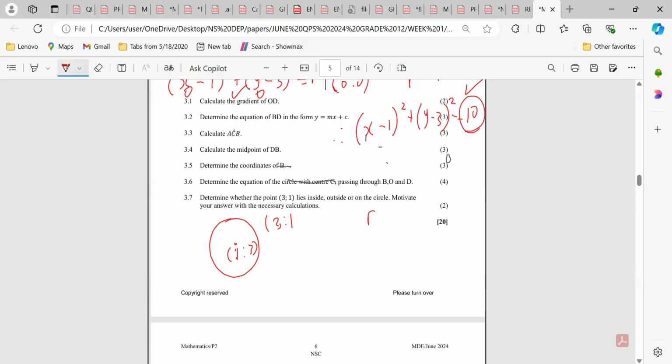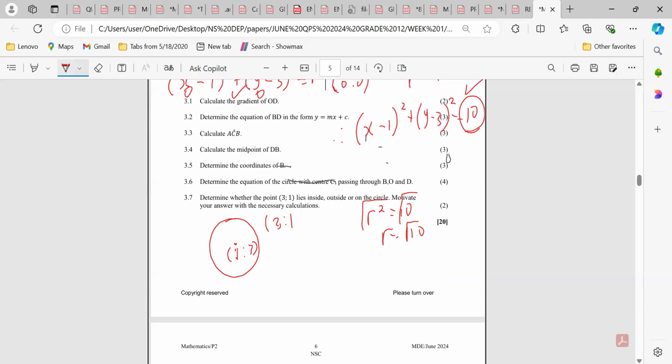Our radius: we have r squared, which is 10. Square root, r is going to be the square root of 10. Now let's check this here. If it's greater than the answer that we got here, it lies outside. If it's less than, it lies inside. If we get the square root of 10, it's going to lie at the circumference.